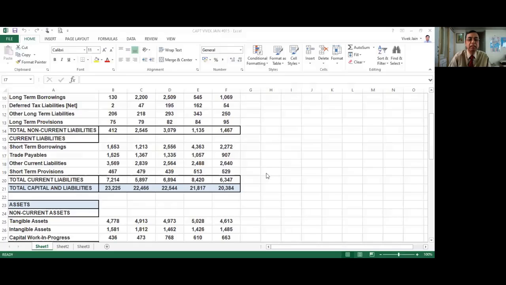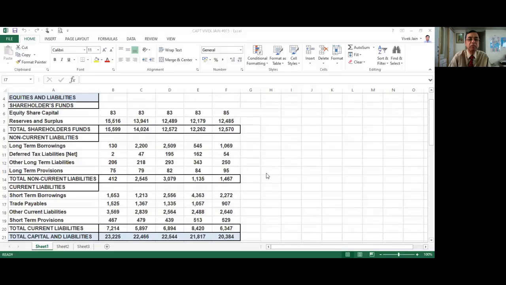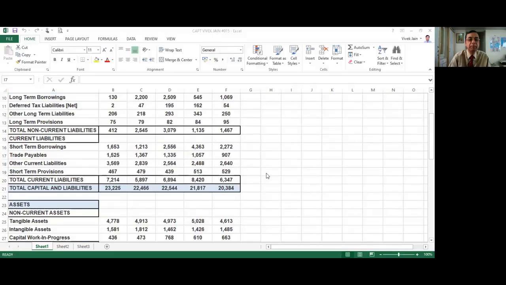And the total current liabilities comes to 7214. This, when added with total shareholders funds, becomes 23,225, which is the liability as on 31st March 2020.